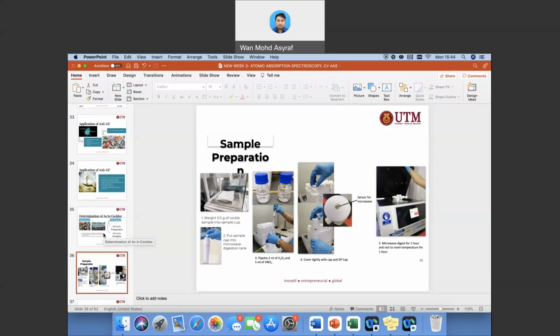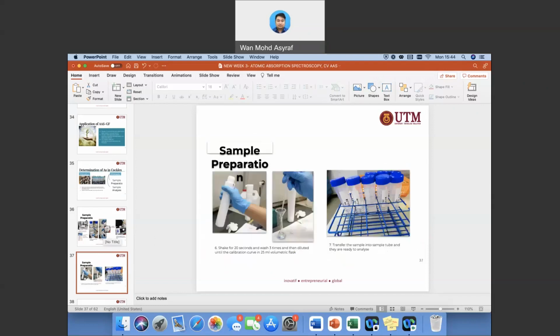After the digestion, we can straight away do the analysis. This is part of the sample preparation. You will learn this much more in chapter 5 or chapter 6, after the ICP chapter, something like that.